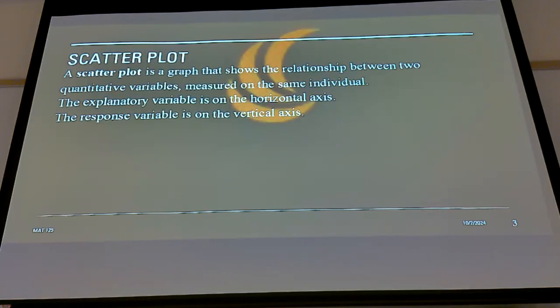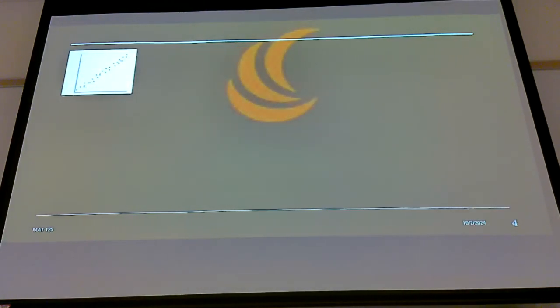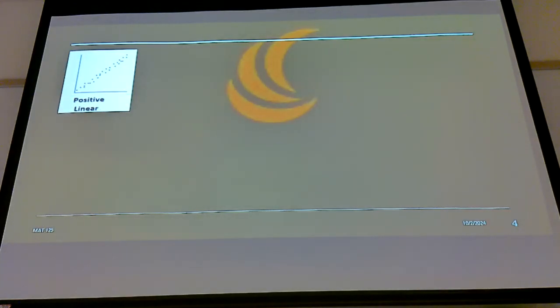In this course, we only study one in depth, the linear relationship. Here's a scatter plot. Here we'd say there is a positive linear relationship.